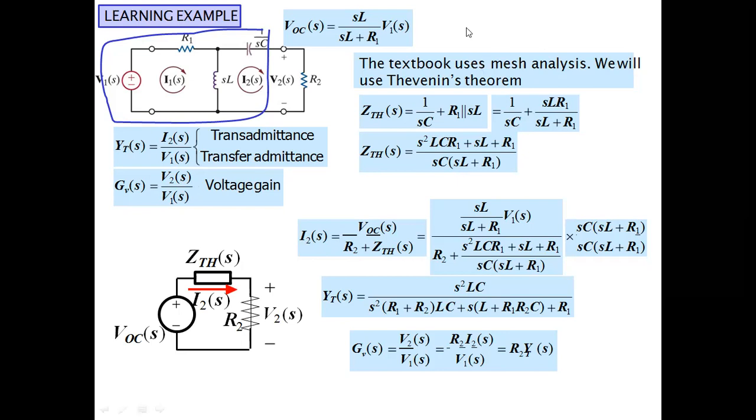So if we have this type of circuit and we are supposed to solve it to get the values for trans admittance, trans impedance, voltage gain or current gain, you can treat the load, this output resistance, as a load resistance, and convert the remaining circuit into a Thevenin circuit.